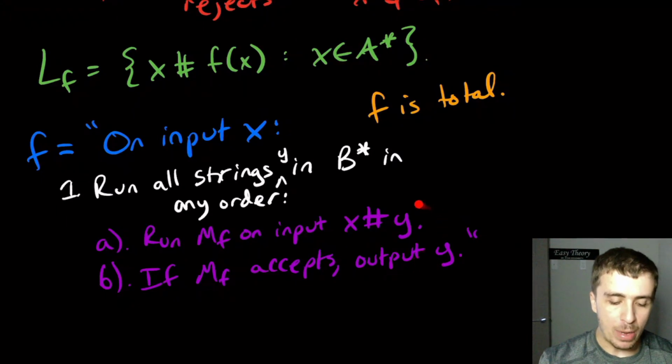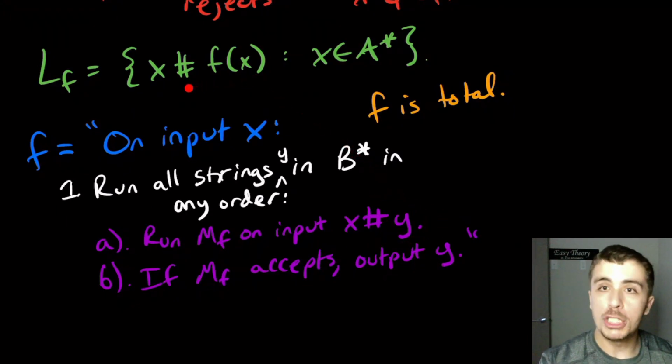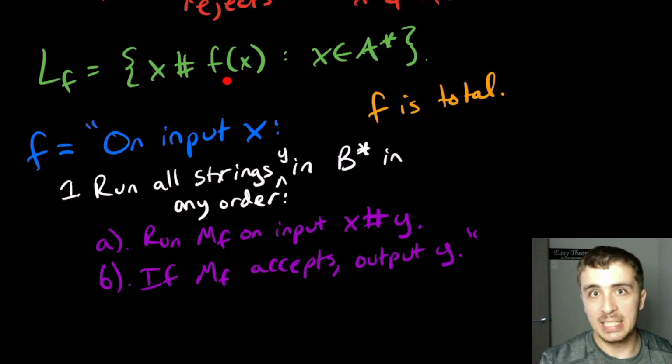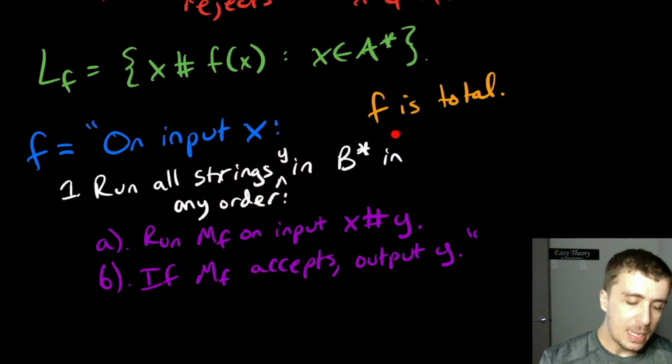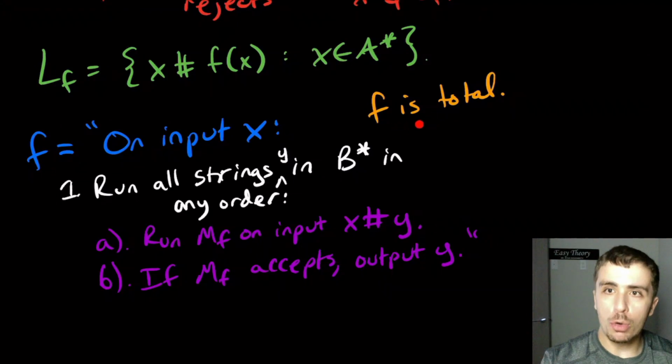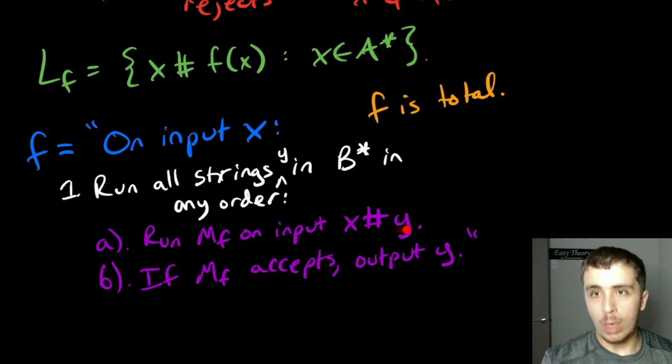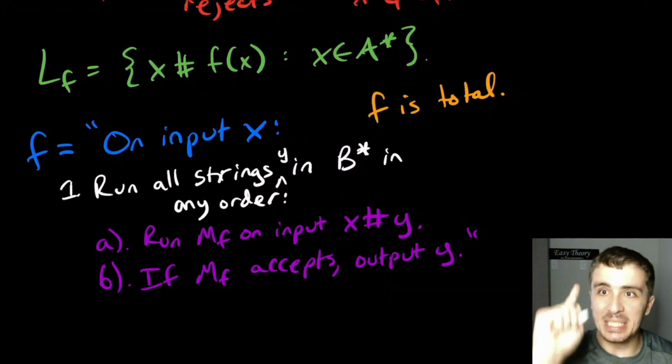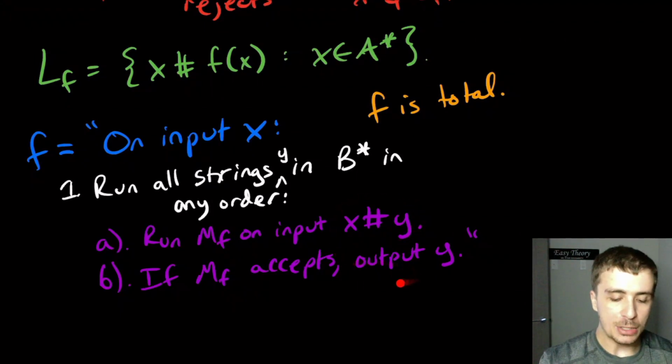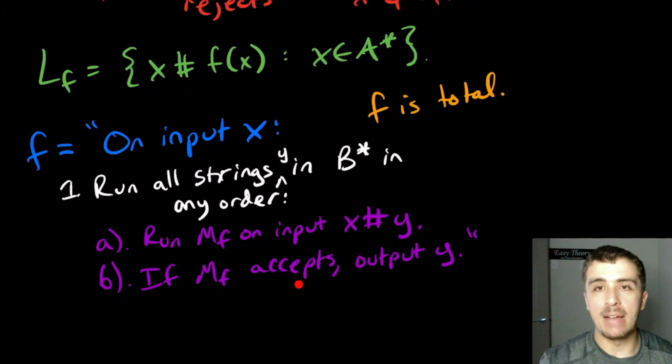The thing that we want to output is the corresponding value for x as dictated up here. I guarantee that this runs in a finite amount of time, even though it seems like we're trying everything here. But we know that f is total, which means that exactly one string y is going to have M sub f accept, which means that we will output it.